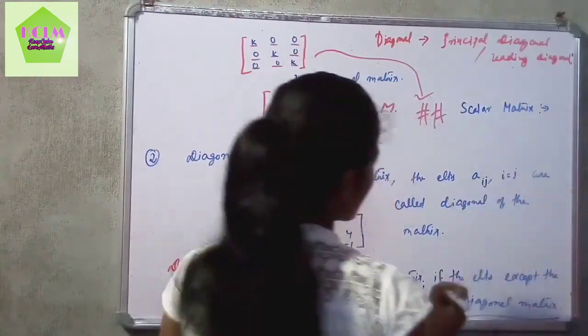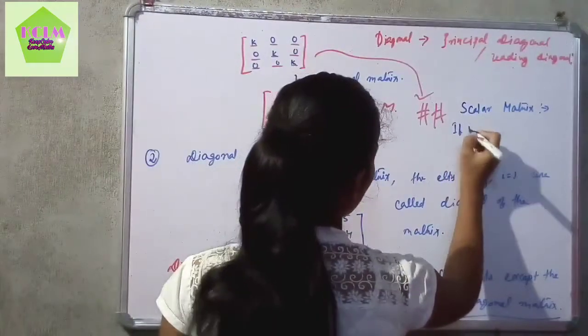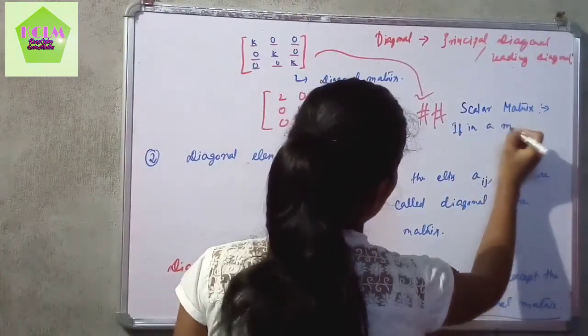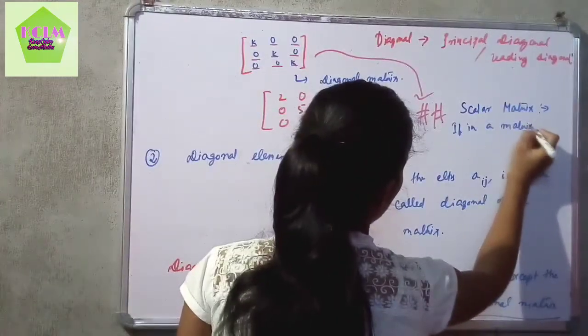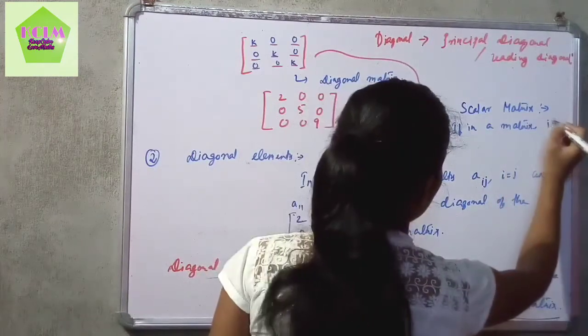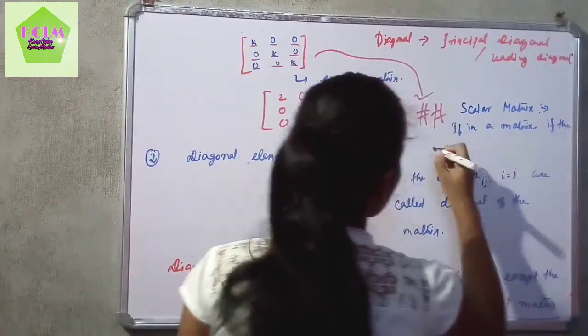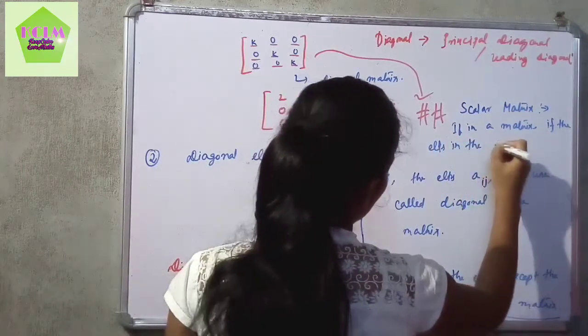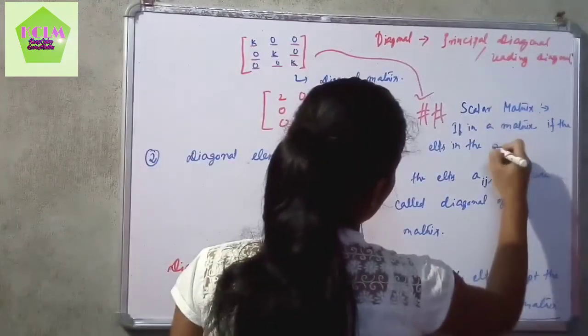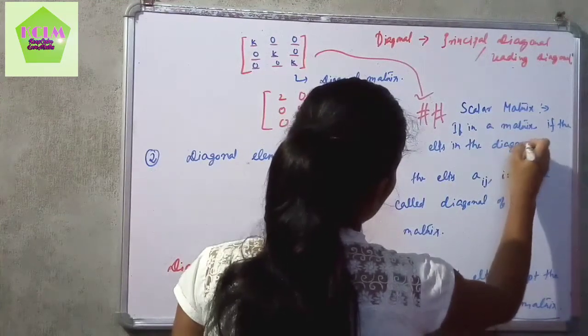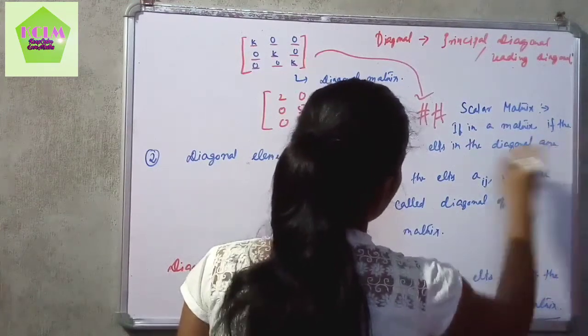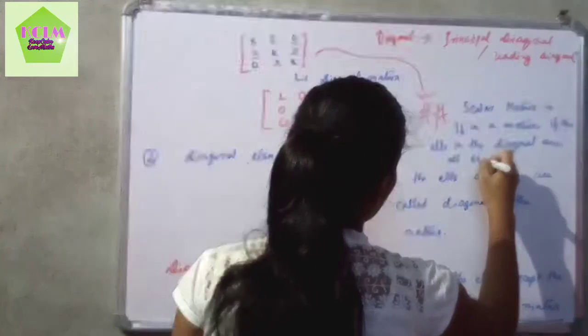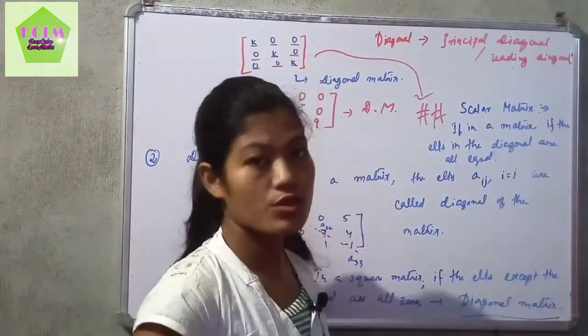Scalar matrix means if in a matrix the elements in the leading diagonal are all equal, then this matrix is called scalar matrix.